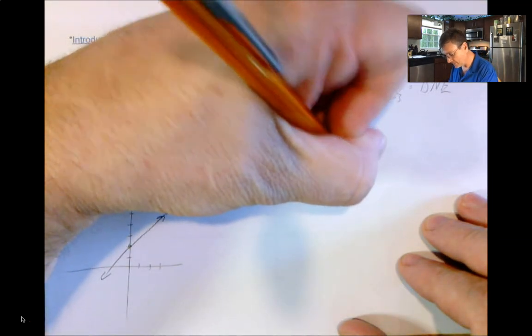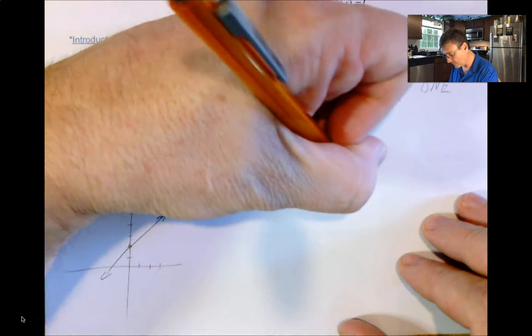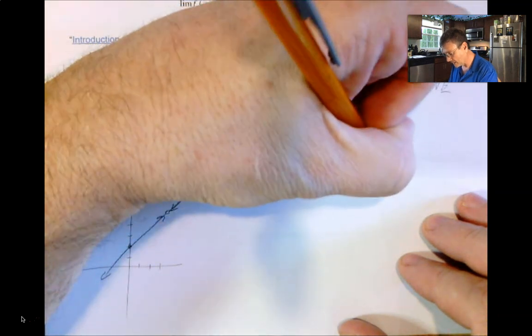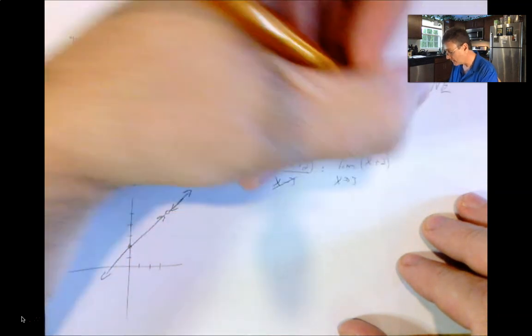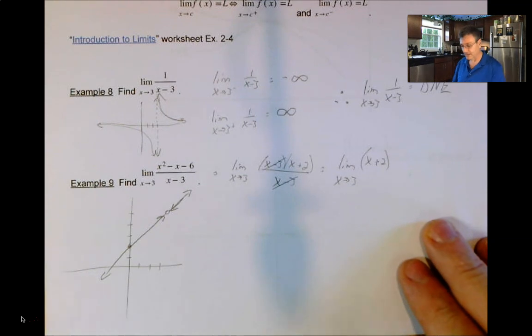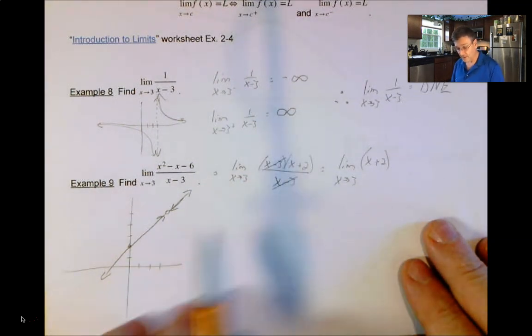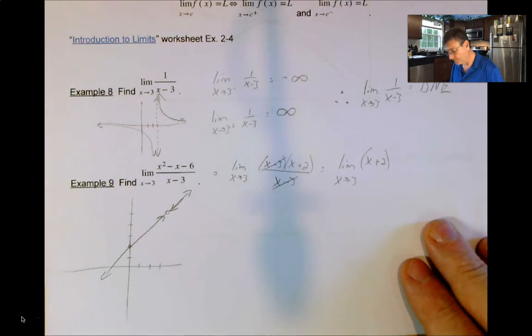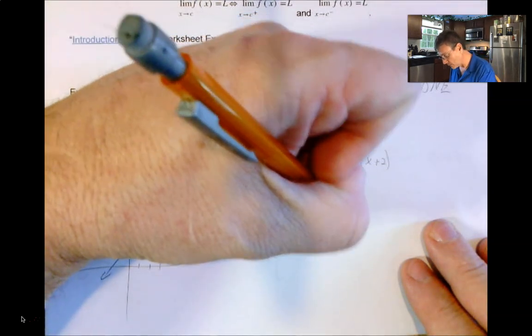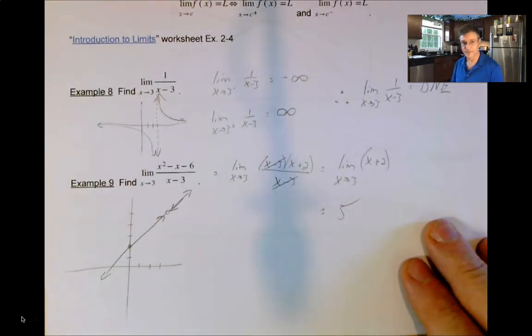Limit as x approaches 3 of x plus 2. Now I can do direct substitution of this function, which is the same as this function, just without the hole. And that equals 5. So that was example 9. Example 10.